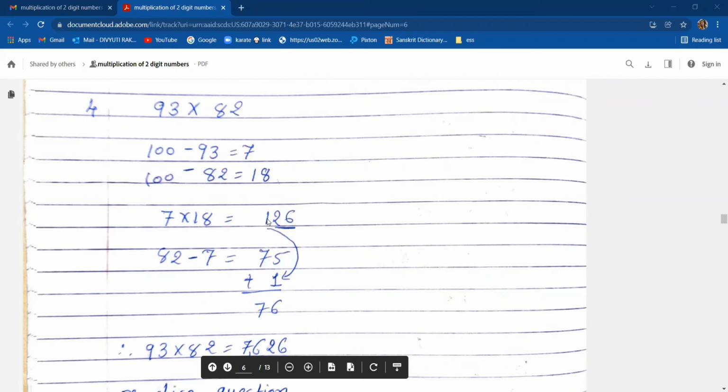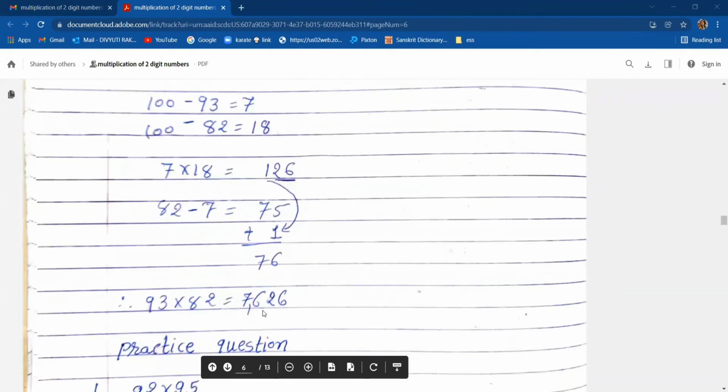Here, as there is a 3-digit number, you have to underline only 2 digits, as we want only 2 digits everywhere. So 26 we will underline, and this 1 will be taken as carry. So 75 plus 1 will give you 76. So the final answer will be 7626.